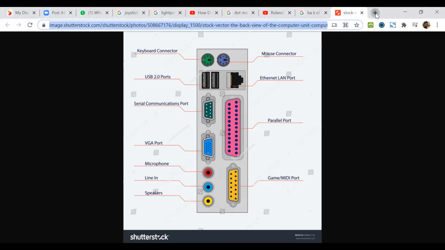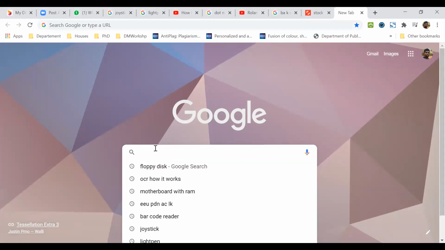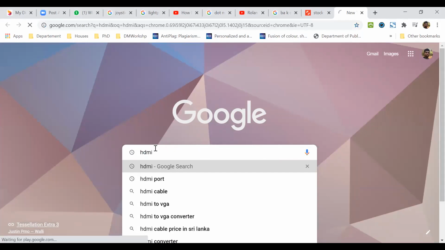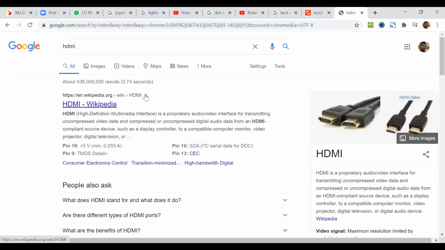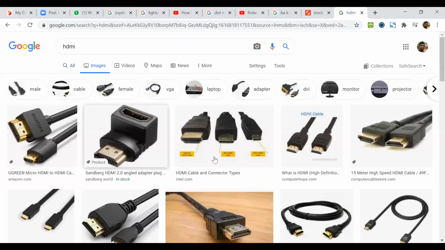So when you search for HDMI, you will see the port, and sometimes you may already have the port with you, right? So these are some of the HDMI ports.